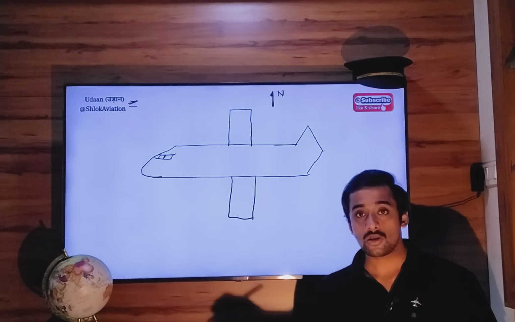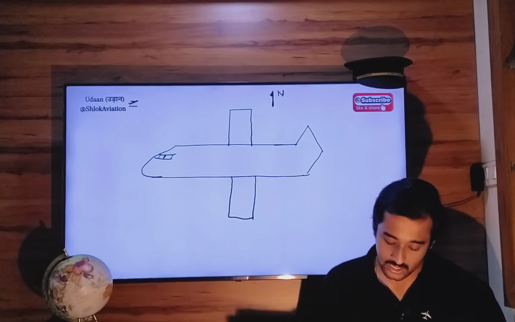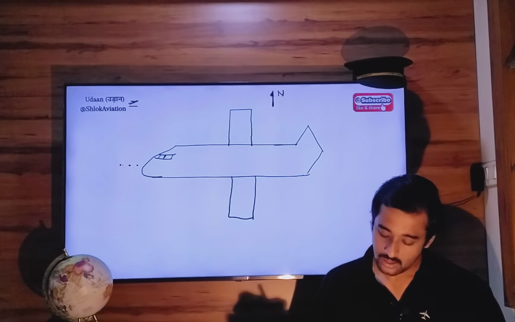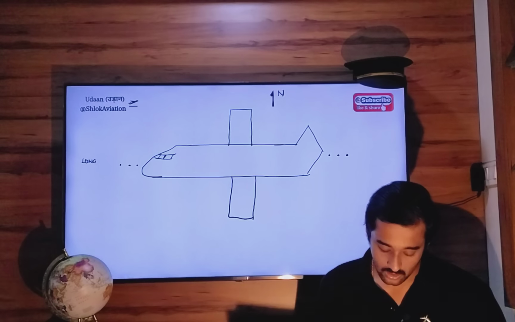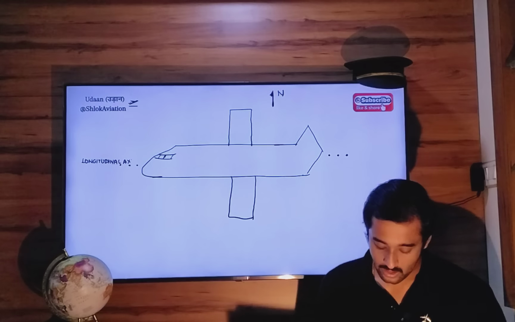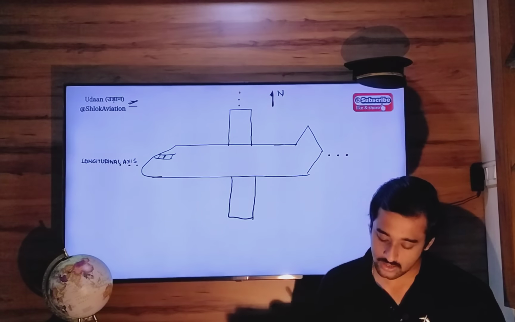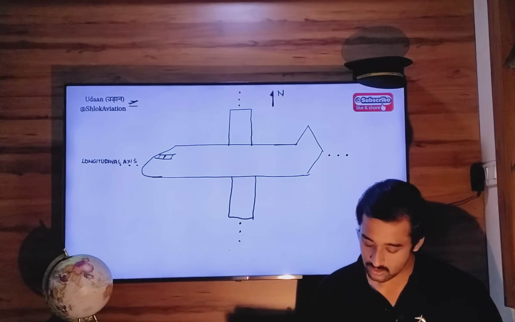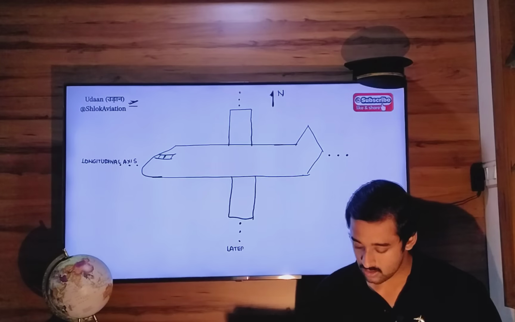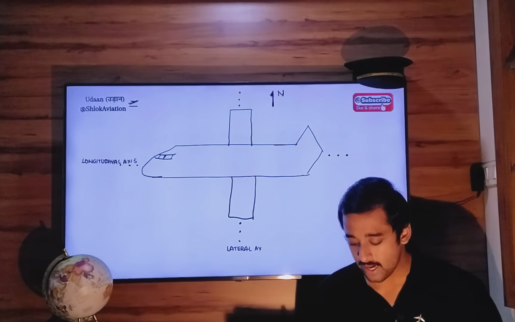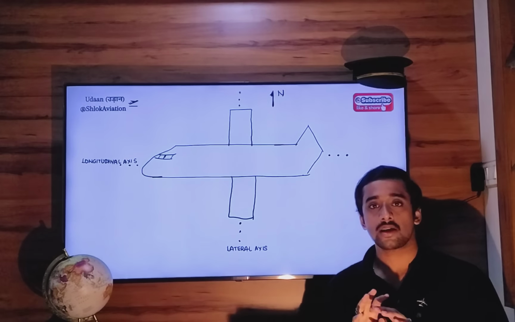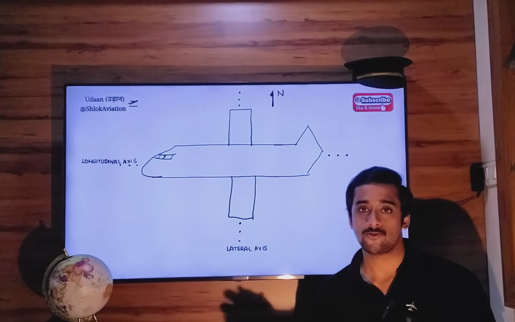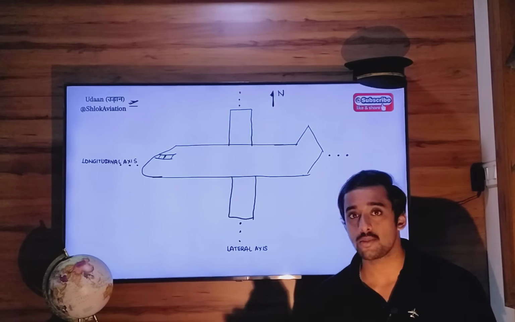Now, along the fore and aft axis, which is the longitudinal axis of your aircraft, and the lateral axis, there won't be any bending of radio signal coming from the NDB station.